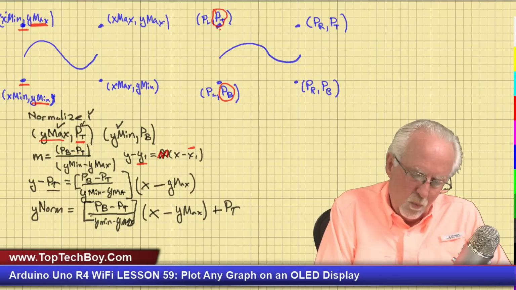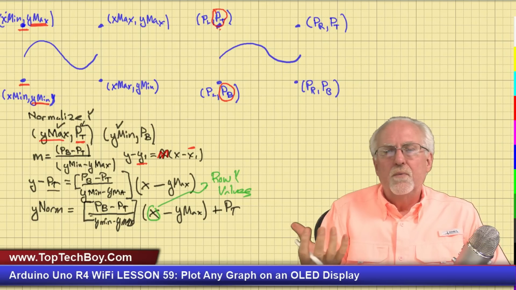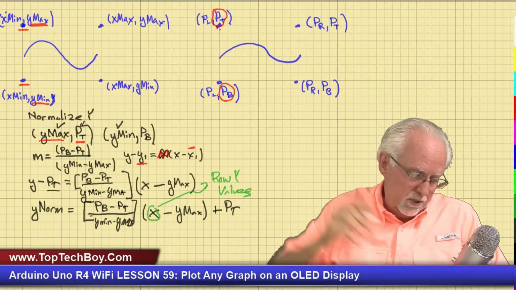Now the one thing that you've got to see is what is x? x is your raw y values. So the x in this equation is those y that you start with.